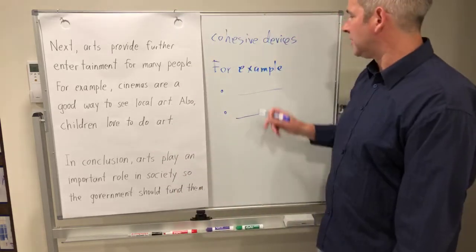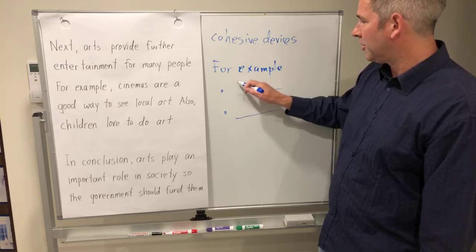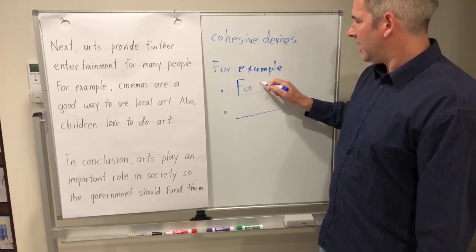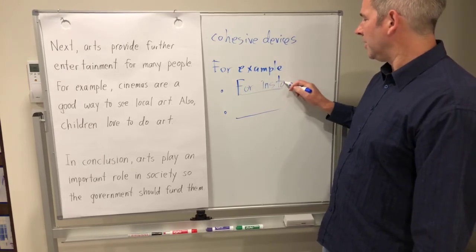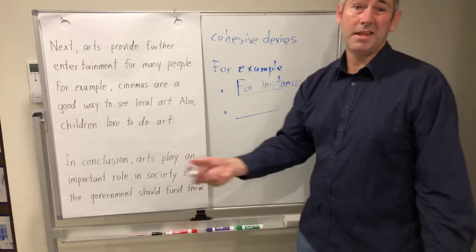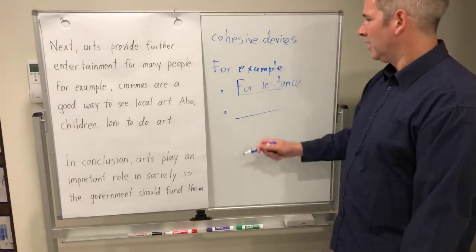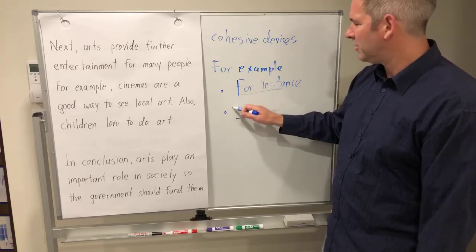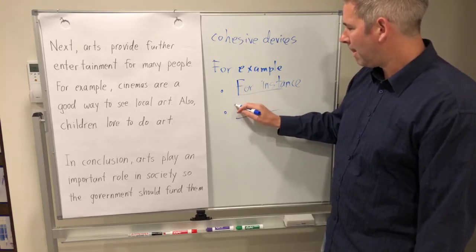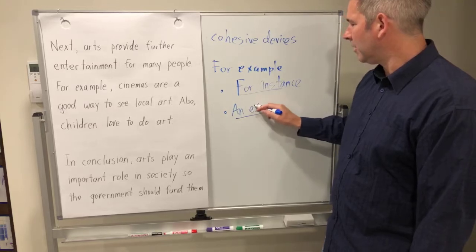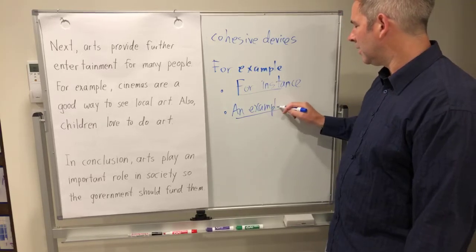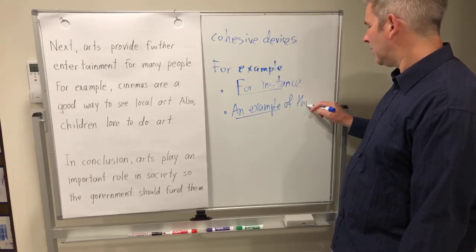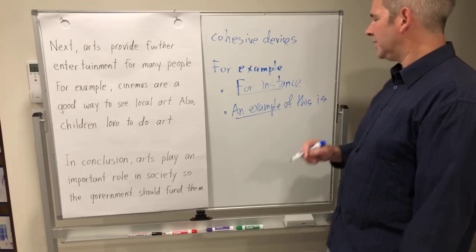Okay, the reason I was looking down there is I just want to make sure the student hasn't used this one. So, for instance, is another way of saying for example. Now, even though you're going to use the word example, you could say an example of this is, right?